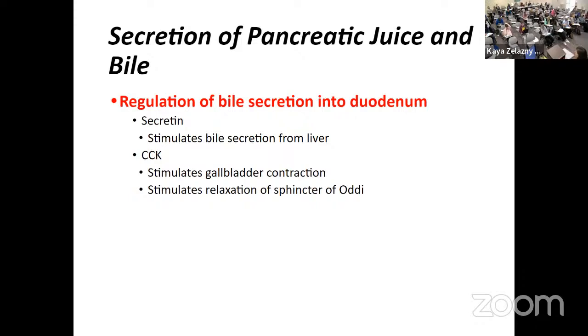So CCK is also stimulating the relaxation of that sphincter, so like opening up that duct essentially, so that we can get this bile into the duodenum. So these two things, again, are working together to get bile into the duodenum so that we can break up those fats. We can start to digest them with our lipases coming from our pancreatic juice.